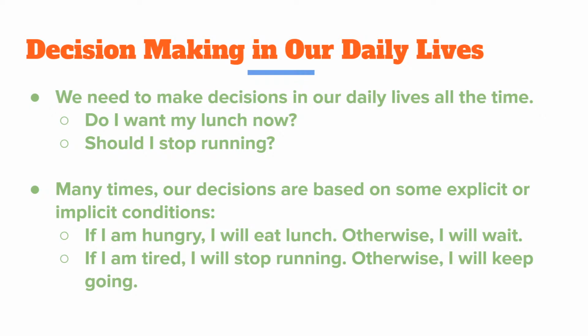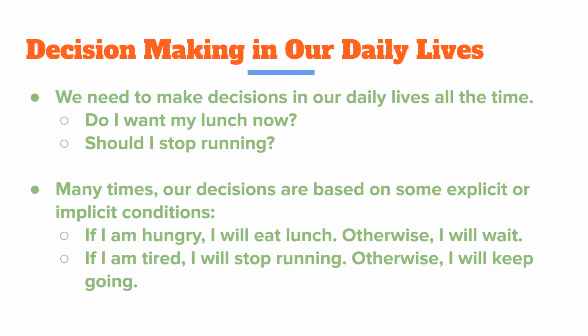So, we're going to look at how decision making in our daily lives works. There's many things that we need to make decisions about, and it can be small decisions like when do I want to wake up, what do I want to eat for breakfast, and many times there are some implicit conditions. So these conditions are kind of like the reason for why your decision would occur.